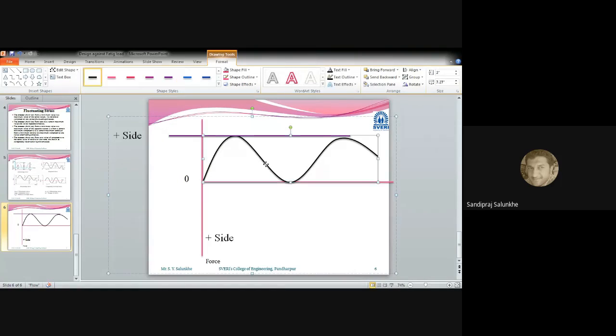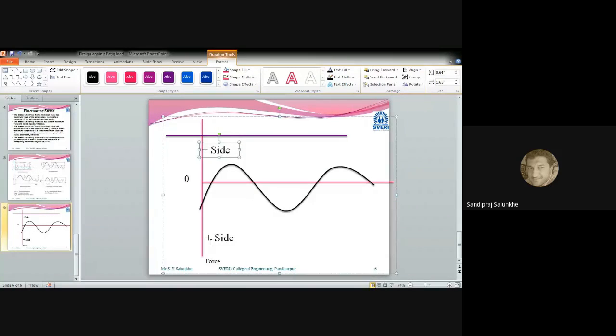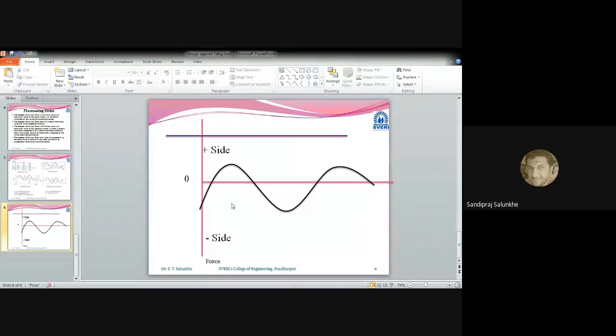Okay, and if it is going to become like this, that is nothing but from the positive side it is changing to the negative side. That is nothing but, once if you consider it as a tensile one, then it is going to become negative. It is going to change its nature. It is going to become compressive. Though it is 0, then it is going to create compressive type of stresses.